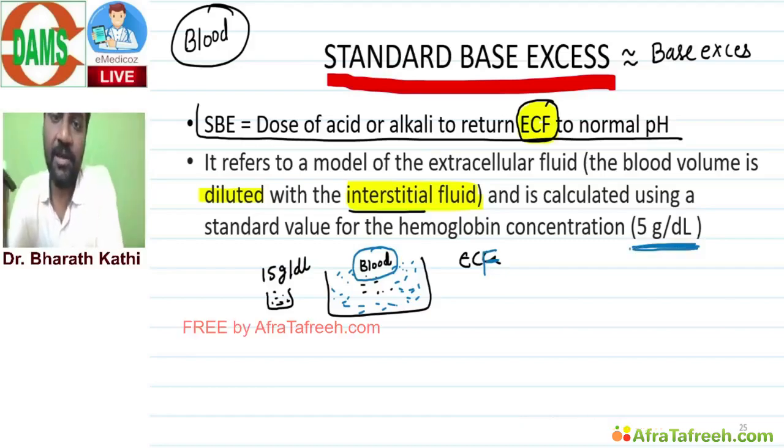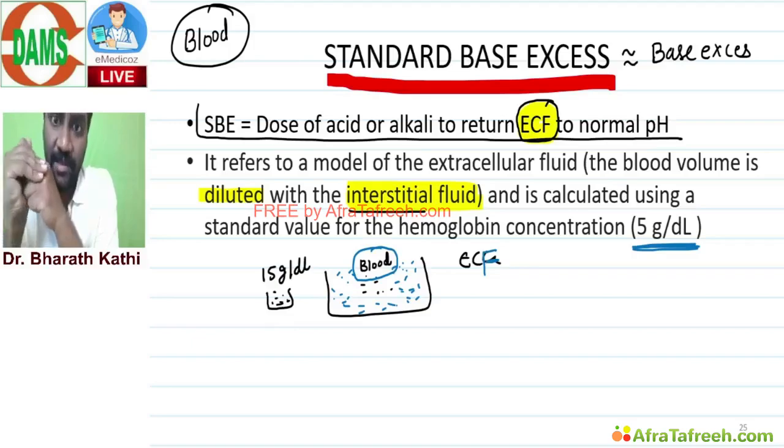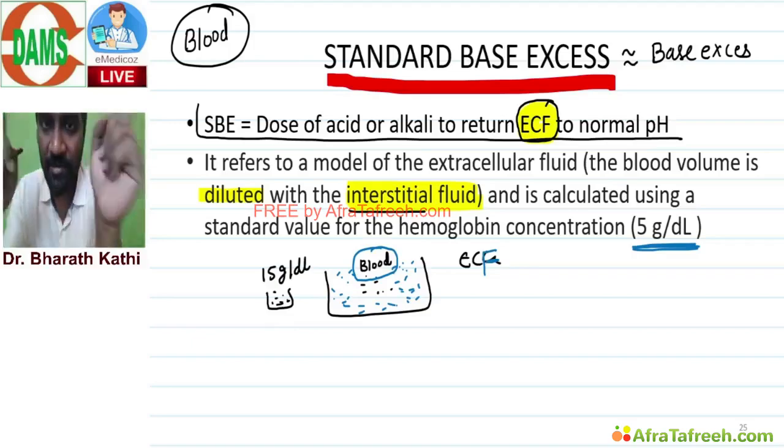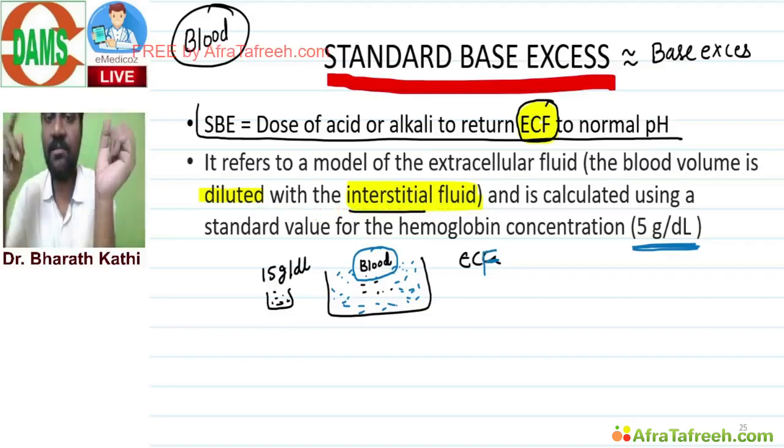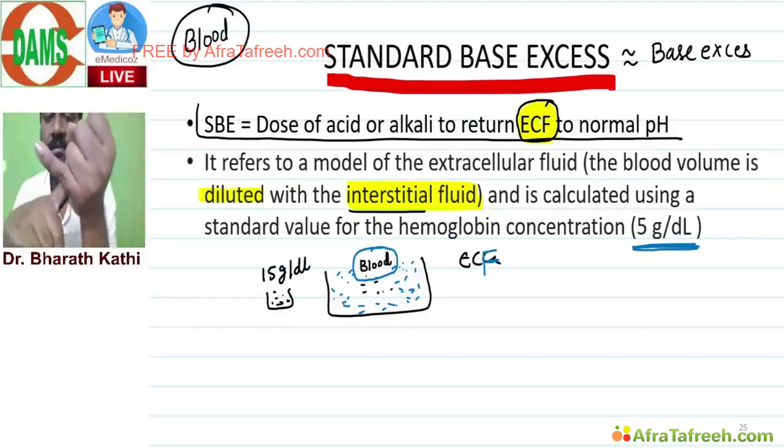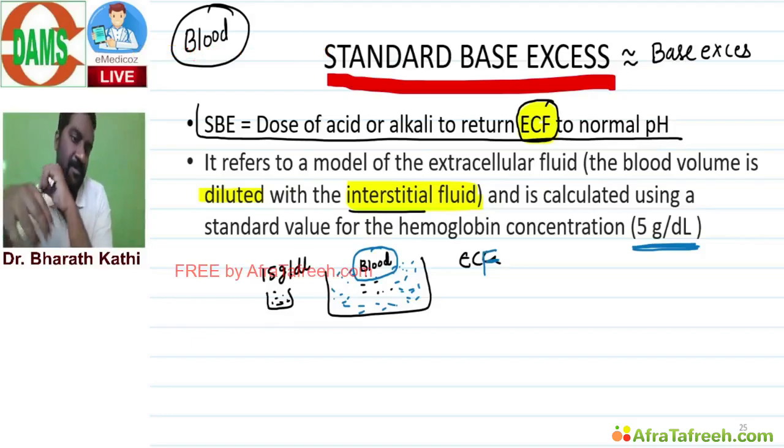Whenever we are calculating base excess with respect to blood, we have to take hemoglobin concentration. For standard base excess, the difference is, it is not just blood, it is ECF completely, because ECF also contains interstitial fluid, instead of 15 gram per deciliter.